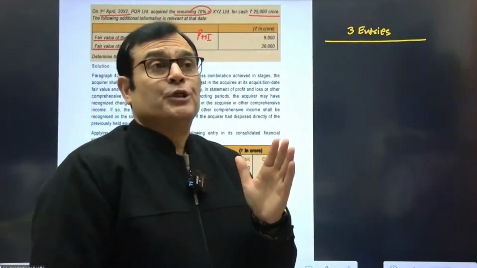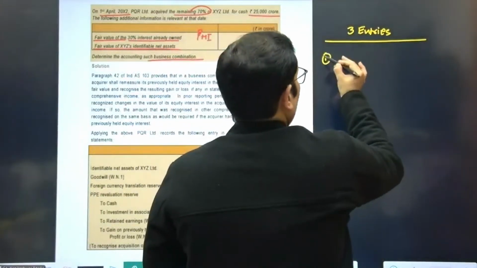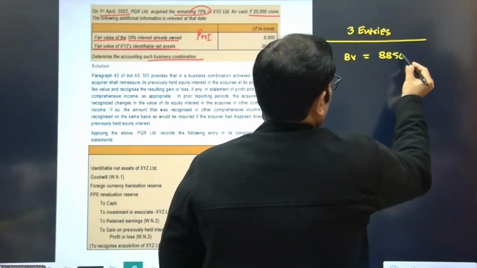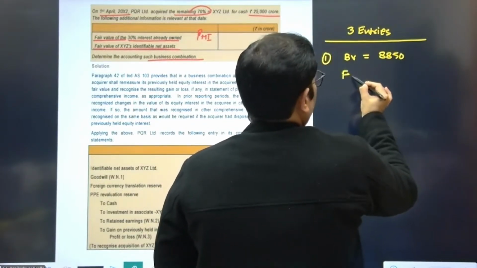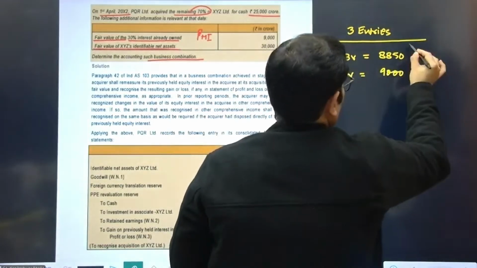Number 1, you need to compare the book value versus the fair value of the PHI and put that money in the P&L. So what is the book value of the investment? The book value of the investment is 8850. And what is the fair value of this PHI? It is given to me as 9,000.